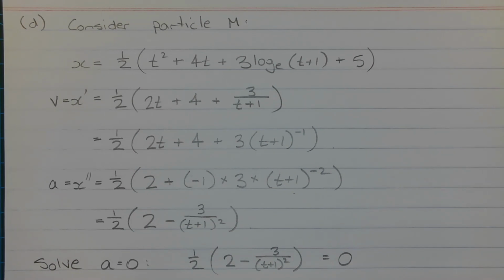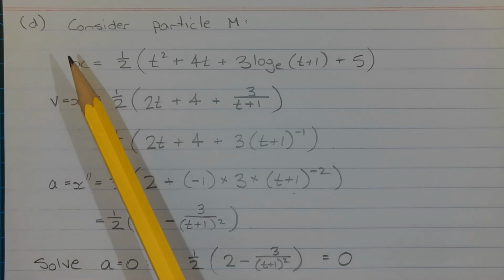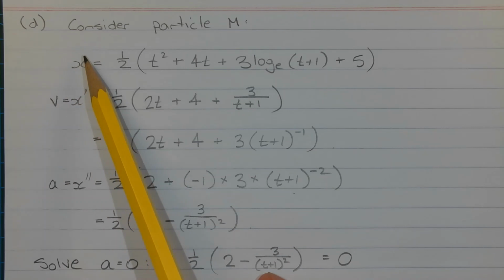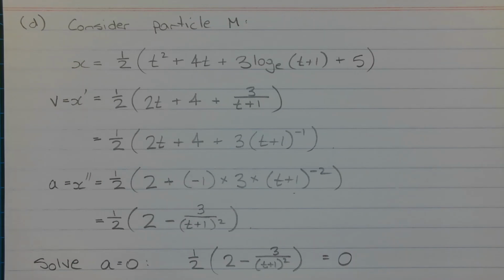Now in order to find an expression that gives us the acceleration of particle m, we differentiate x with respect to t, which gives us the velocity of particle m. Then we differentiate again to give us the acceleration of particle m. So in effect, we're finding the second derivative of x.